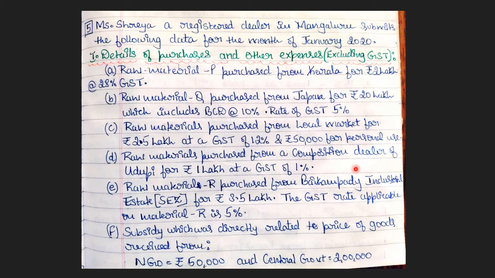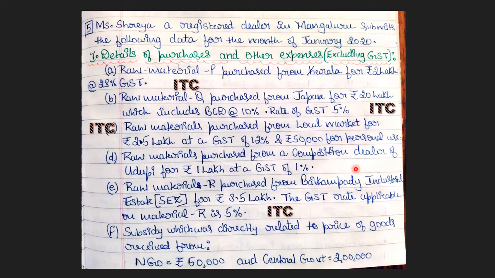On that, she will get input tax credit. Those are raw material P, which she purchased from Kerala, and raw material Q, which she has imported from Japan, and a few raw materials that she has purchased from the local market.